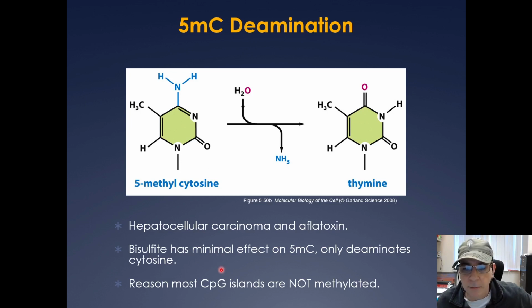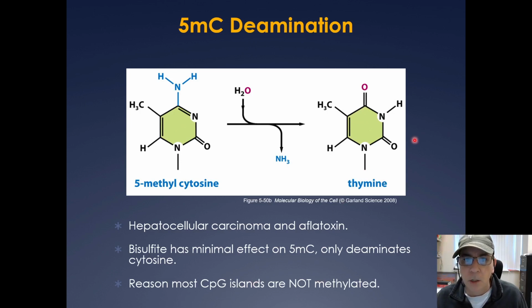And what's interesting about this is that most CpG islands in our genome are actually not methylated, because if they were methylated like this one, and deamination is such a common occurrence, we would have basically all of the GC-rich regions converted to AT-rich regions just by natural evolution. And so most CpG islands are not methylated.